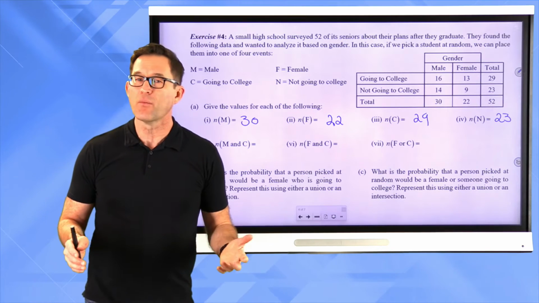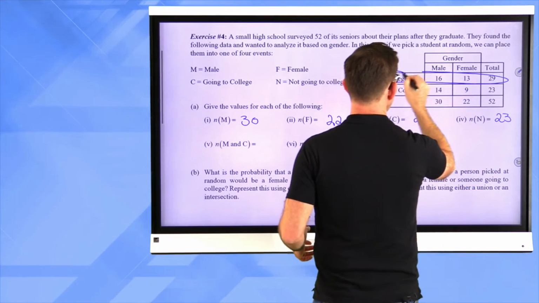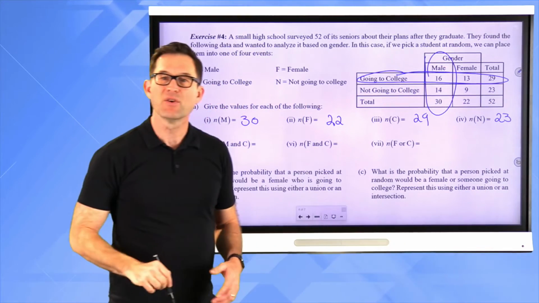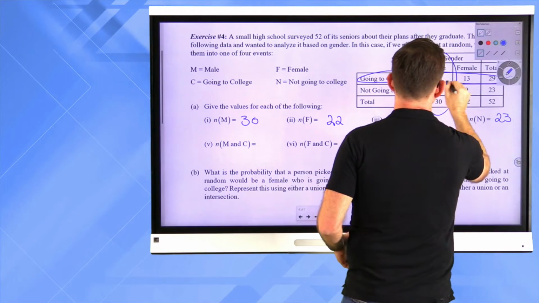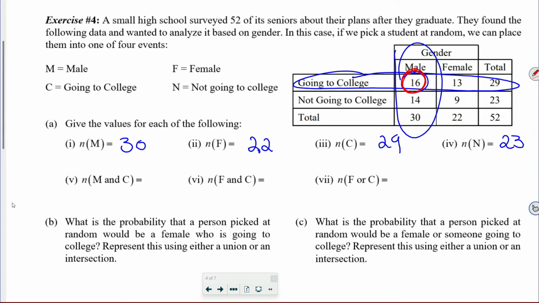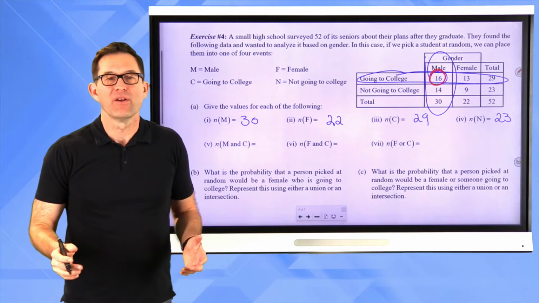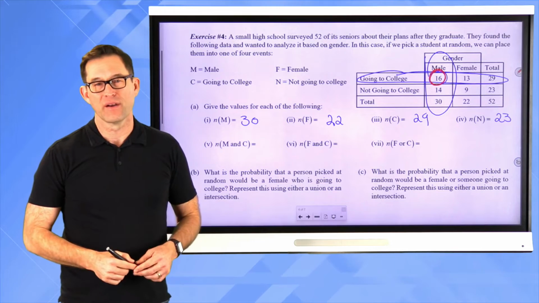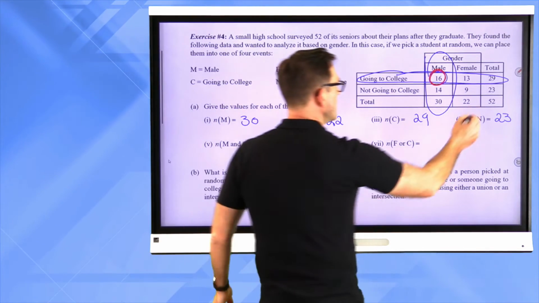What's kind of cool about that is that going to college is this set, being male is this set, and so you can see right away that the intersection, which is what we're looking for when we're talking about an and situation, is 16. Now, you don't really even need to know the terms intersection and union to say, well, if I want the number of men and going to college, that's 16, right? Simple enough.